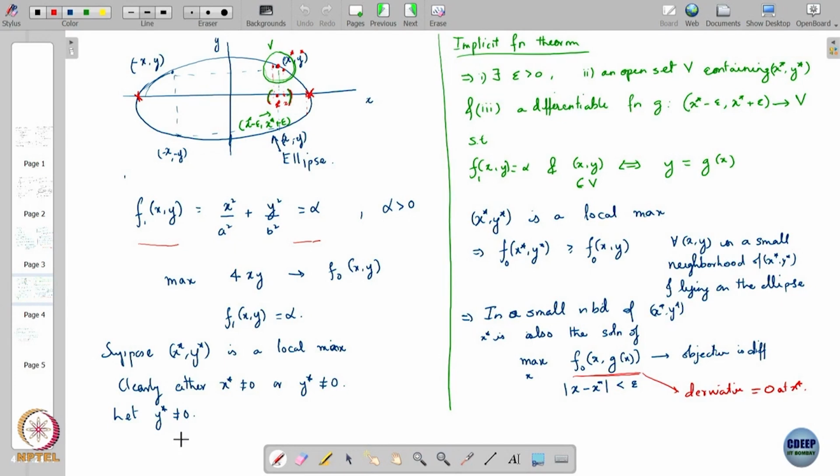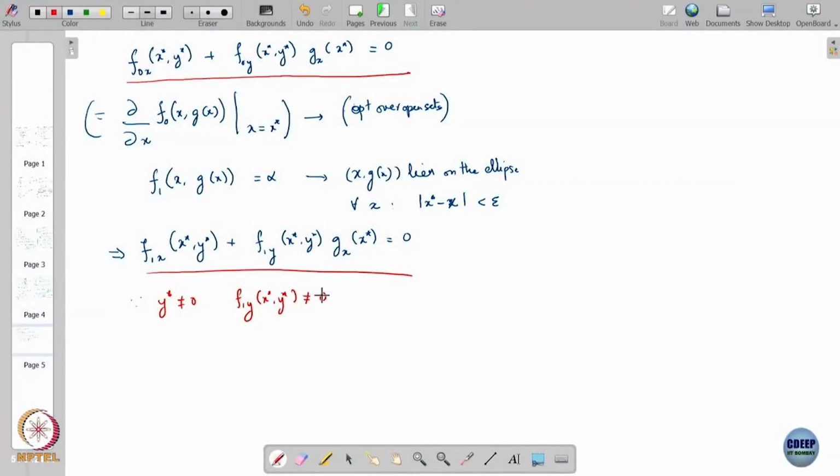So, since y star is not equal to 0, you get f1y evaluated at x star y star is not equal to 0. Okay.